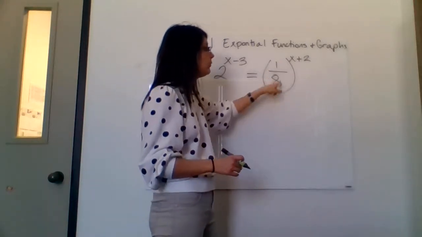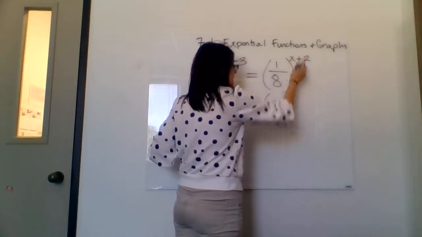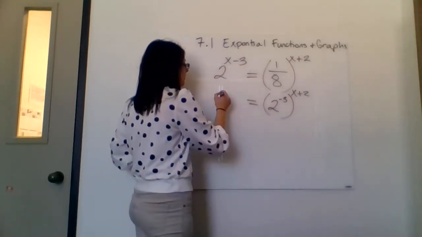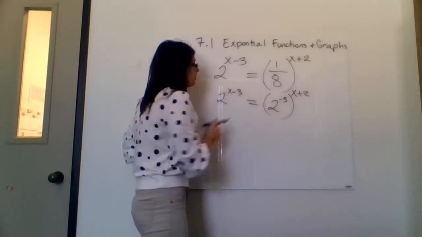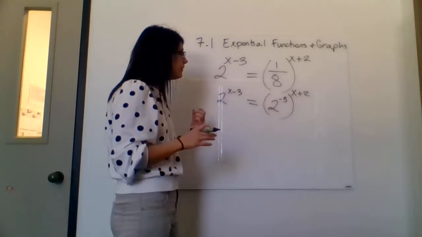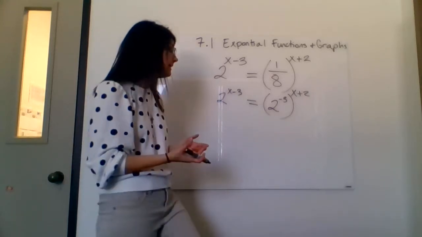So 2 to the -3 would give me 1 over 8. I could rewrite 1 over 8 as 2 to the -3 power, and that is still raised to the power of x plus 2. On the left, I still have 2 to the power of x minus 3. Now I pretty much have a common base. I do need to use some exponent properties to see what my exponent actually is.